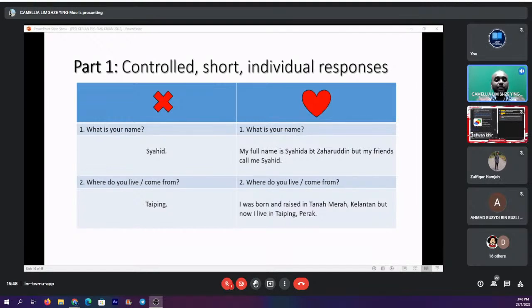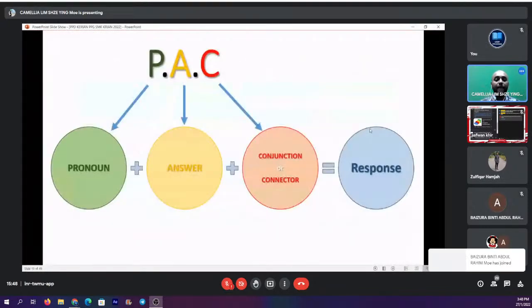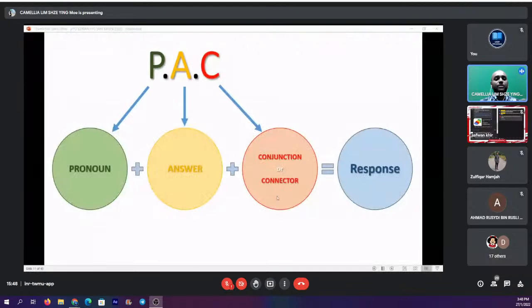Okay, so what I would like to propose that we teach our students, the intermediate and lower level students, is PAC. Okay, teachers? All right, so P stands for pronouns, A for answers, and C for conjunctions or connectors. Okay. This is something we don't necessarily need to teach to a native speaker or an advanced level student.